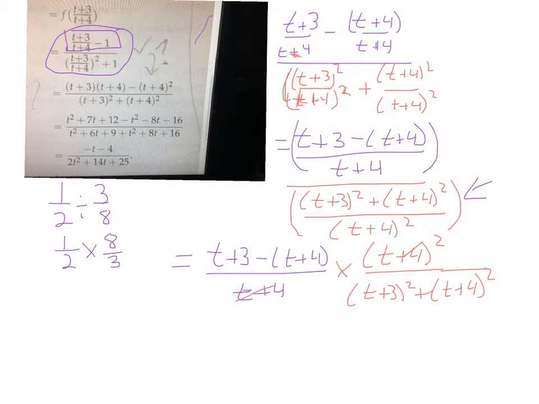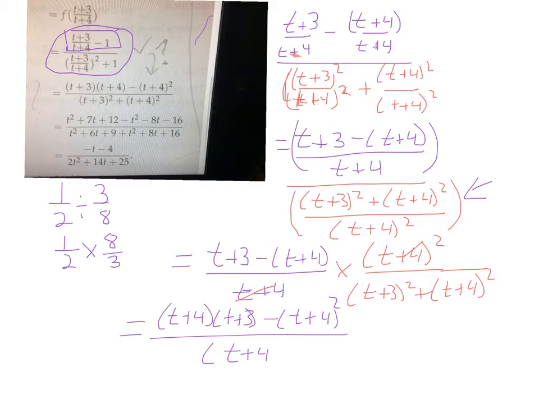So what I have to do is change the first fraction and multiply another t plus 4 into each of those terms so that my common denominator is now t plus 4 squared, okay? And then times t plus 4 all squared over t plus 3 squared plus t plus 4 squared.